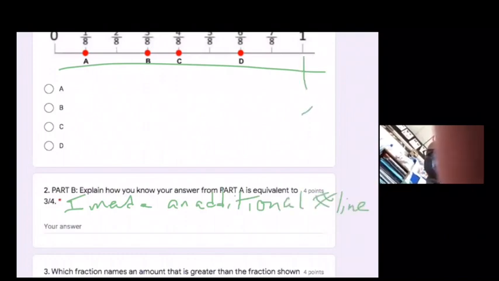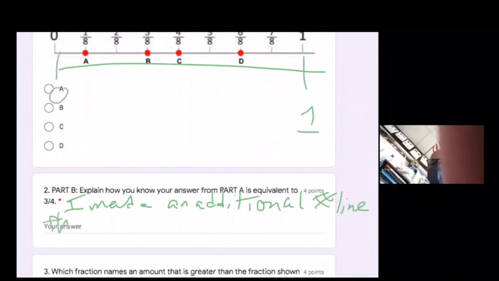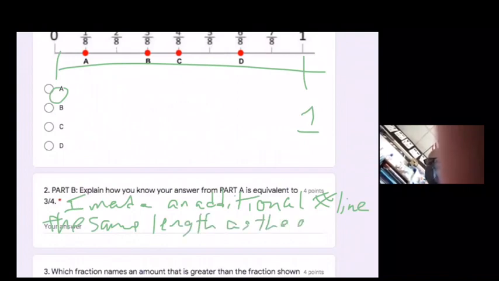Okay, I had 1, I had 0. Number line, the same length as the original, period.